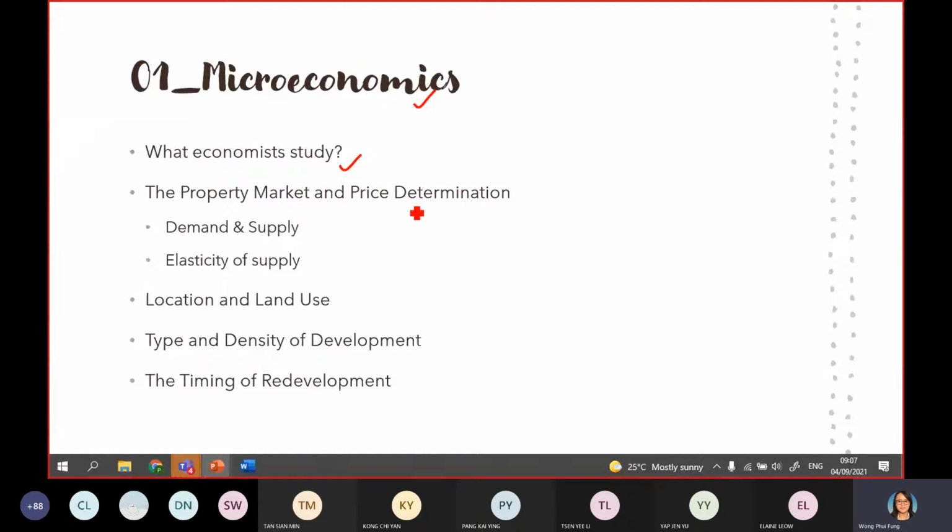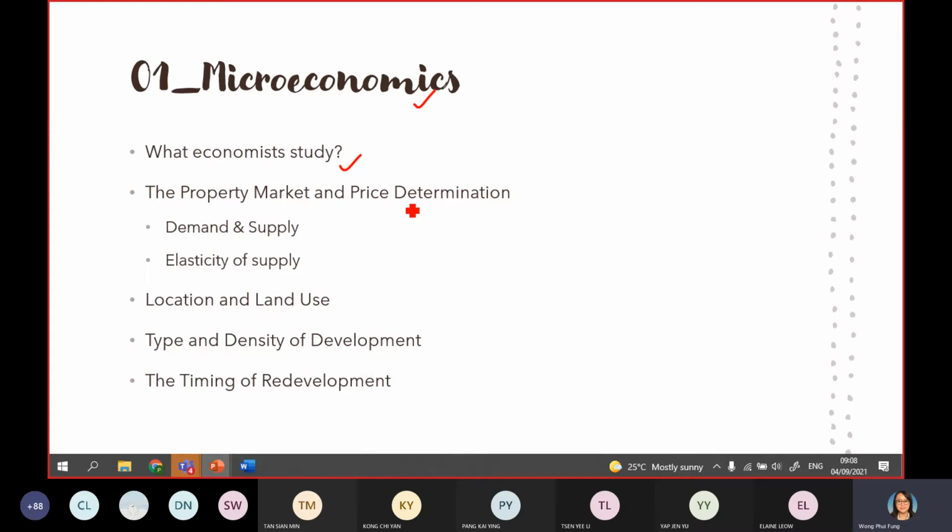Then coming to the property developer. As a developer, their resources, land, money, human resources, everything is limited. So they are also facing scarcity.